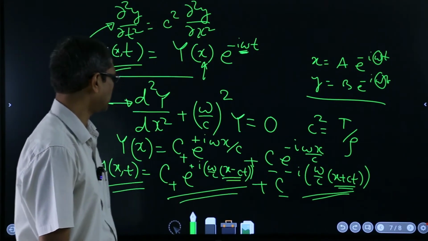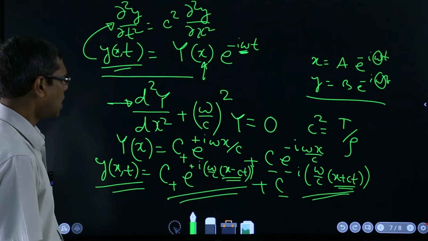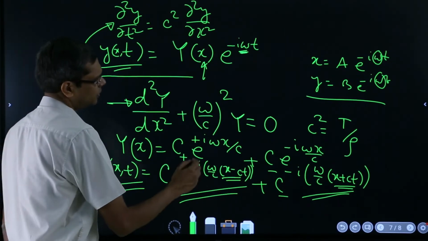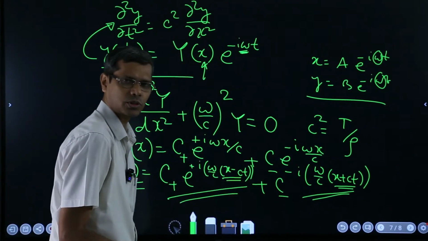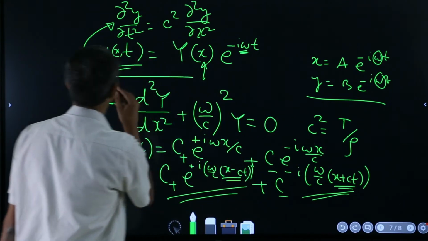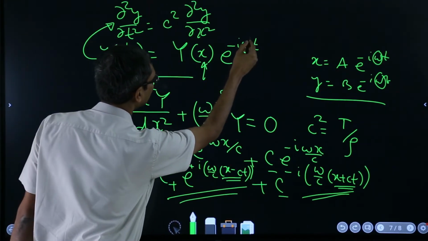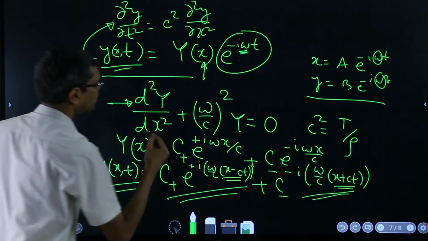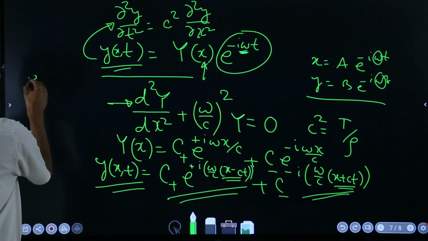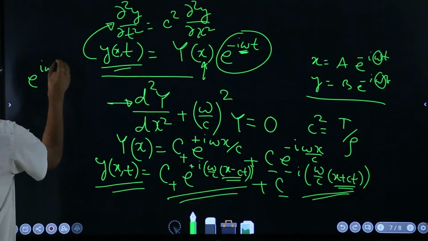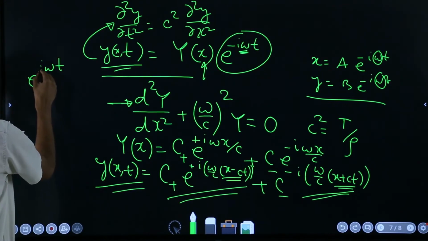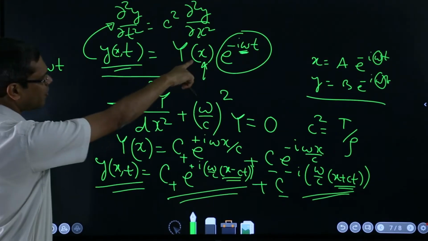And we could have chosen, in the full course, e raised to i omega t also, or say j omega t, instead of minus i omega t.